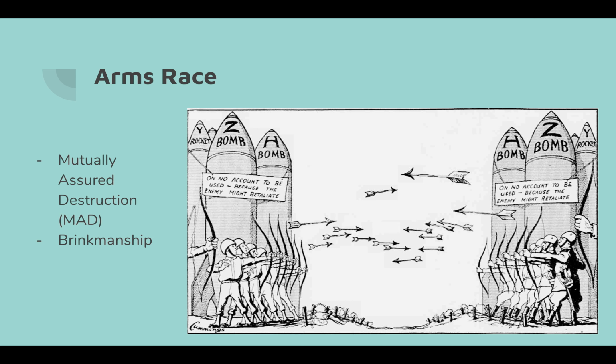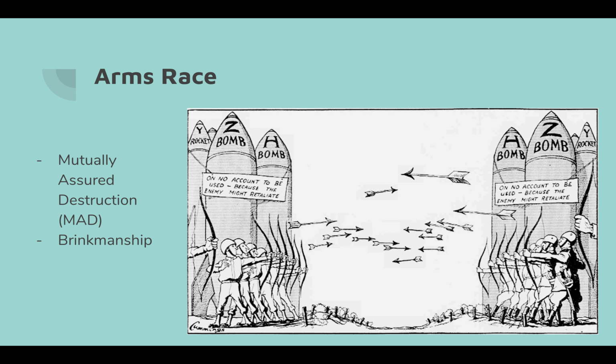And so both the US and the Soviet Union were capable of engaging in nuclear war, but they knew that if they did, it would be the end of the world as we know it. Okay? So essentially, this 40-year conflict is the US and the Soviet Union on the brink of war, but not actually pulling the trigger, not actually engaging in the war.